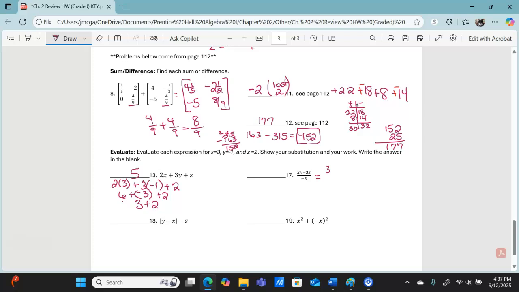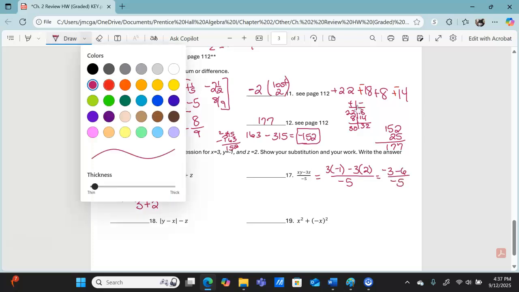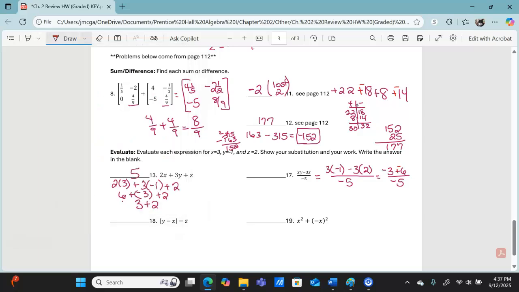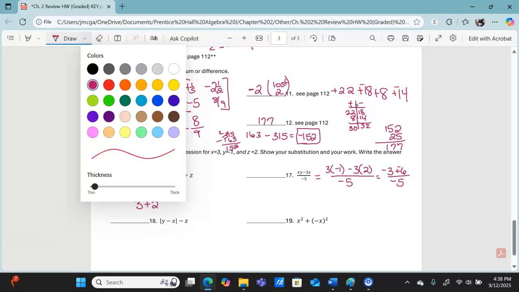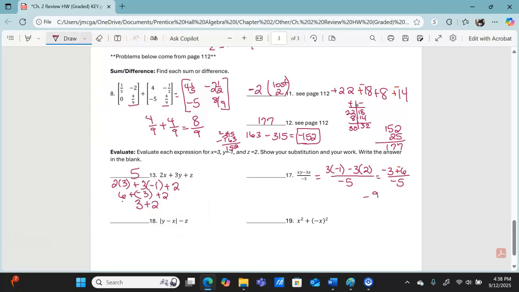Here, x is 3, y is -1, minus 3 times z, which was 2, over -5. Need to clean up the top of the fraction first. Change my sign in adding. I get -9 over -5, which would just be 9/5.